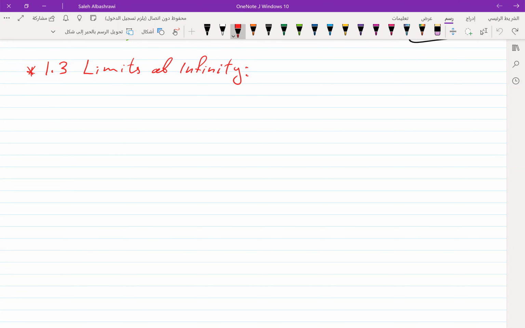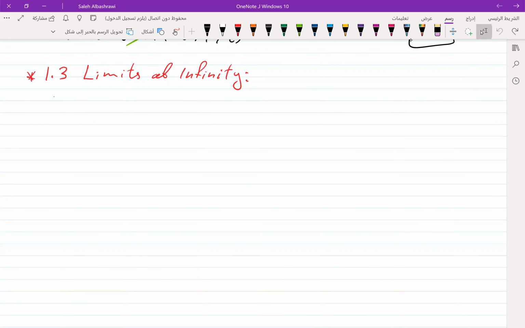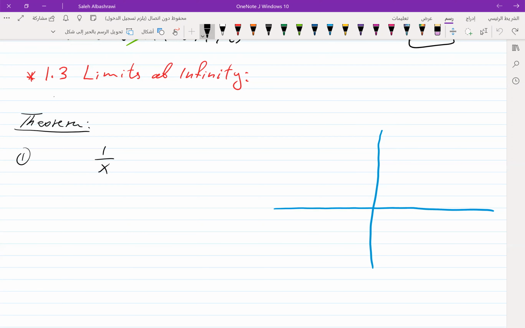In the last example, we spoke about the function 1 over x. And we said that the function 1 over x takes this shape.